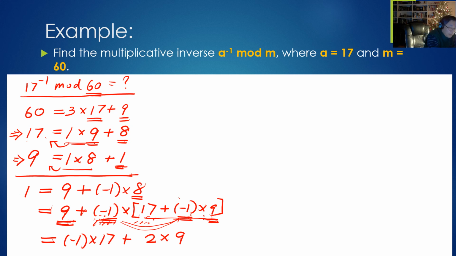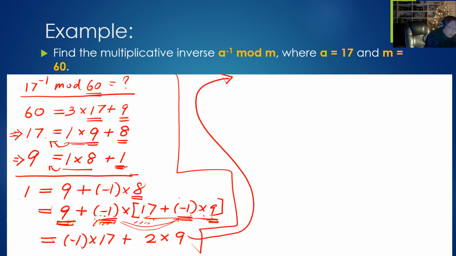Let's continue. So we can actually continue to the top. So what is 9? 9 is the remainder when I divide 60 by 17, right? So I can actually do the substitution further using the first statement. So I got -1 times 17 plus 2 times 9.